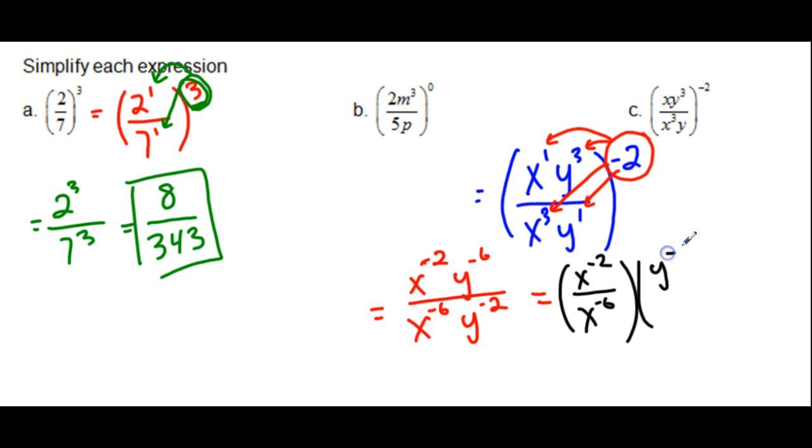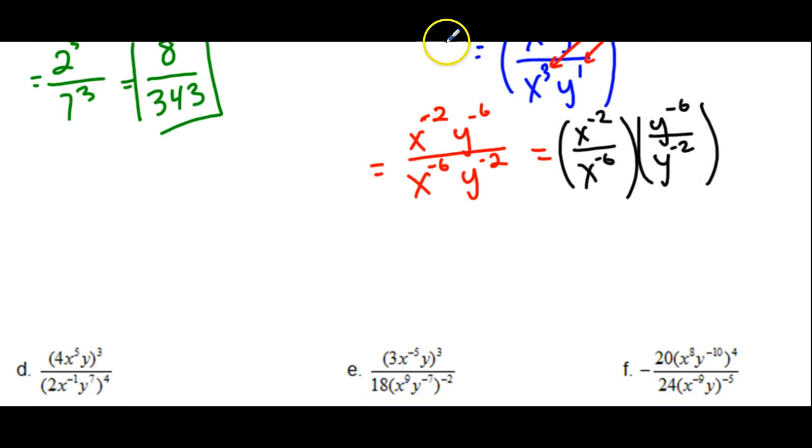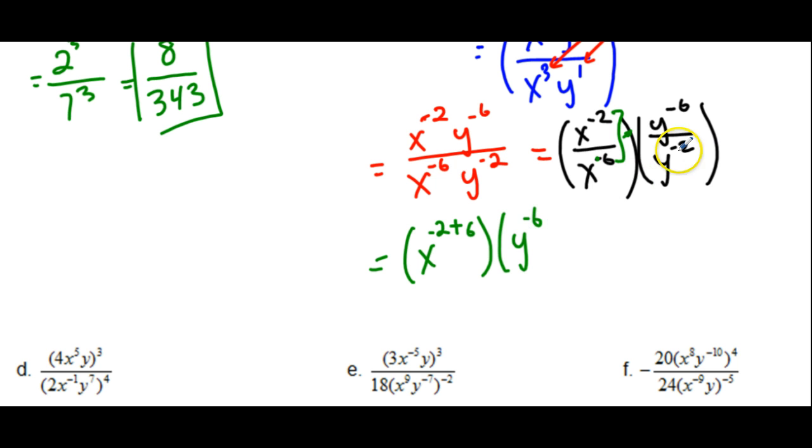We have y to the negative 6 divided by y to the negative 2, all right? If we were to simplify this even more, I'm going to write it down here, x negative 2 plus, right? Because we're subtracting, so negative times a negative is a plus 6, and over here we have negative 6. Negative times a negative is a plus 2.